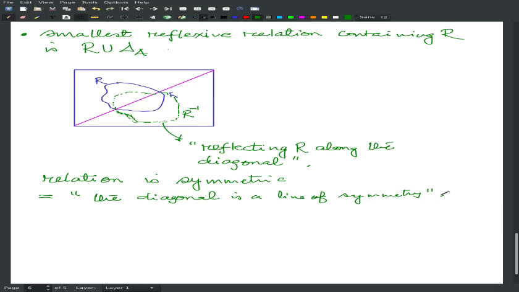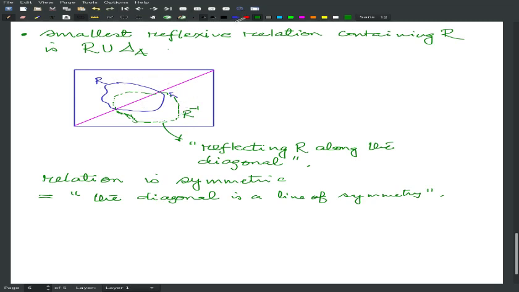Now, as I have drawn, this R is not symmetric. So if you reflect it again, it will not be symmetric.